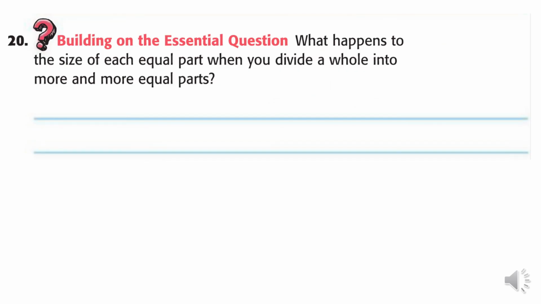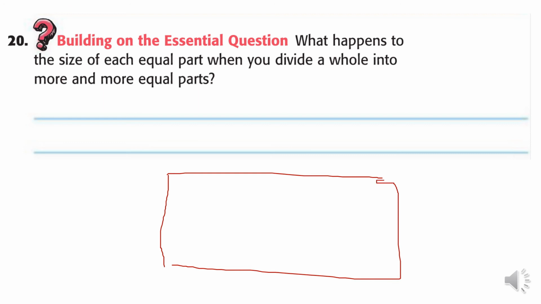And the last question to finish. What happens to the size of each equal part when you divide a whole into more and more equal parts? For example, if you have one whole and then you divide it into 2, you already have two parts, and then these 2 parts you divide into 2.